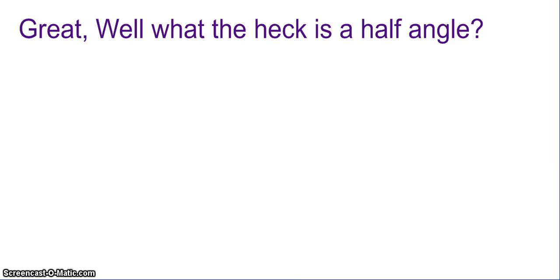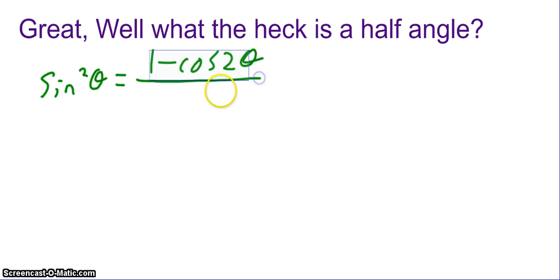So then I know the next burning question on your mind is, great, well, what the heck is a half angle? And that's also a great question, and we can look at this by taking for instance, the sine power reducing equation. So we know sine squared of theta is (1 minus cosine of 2 theta) over 2.